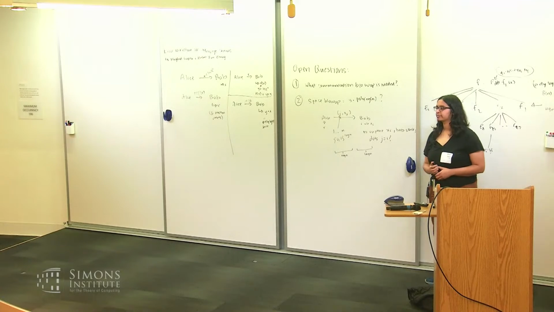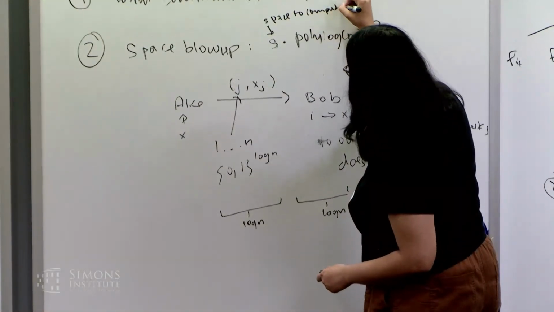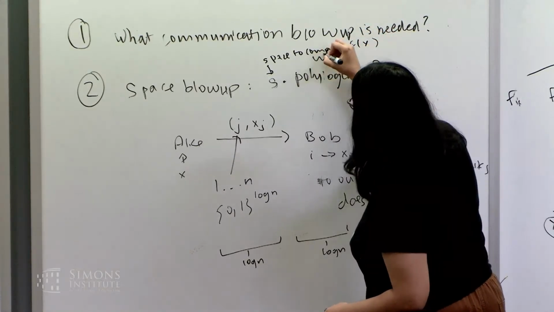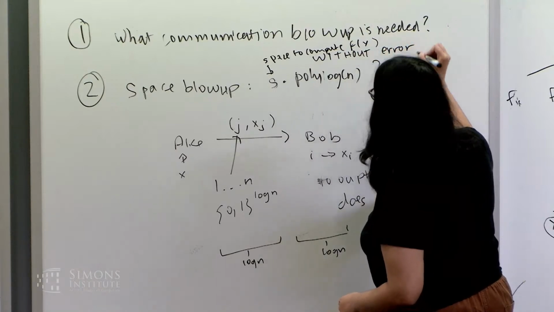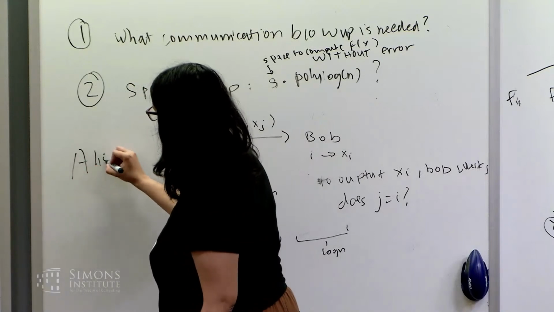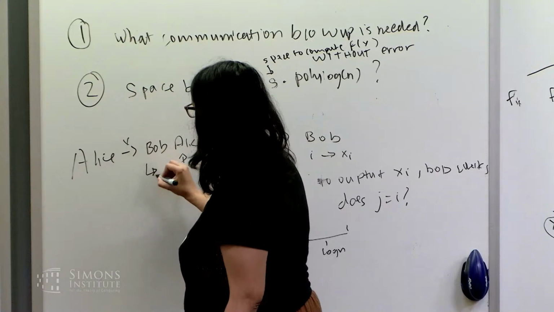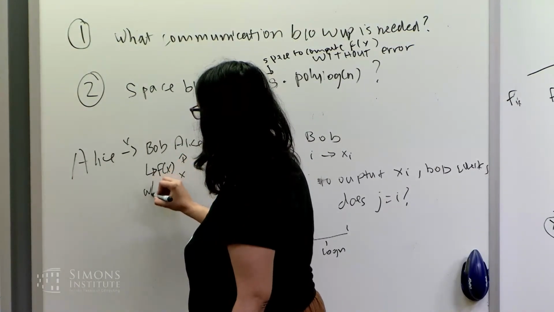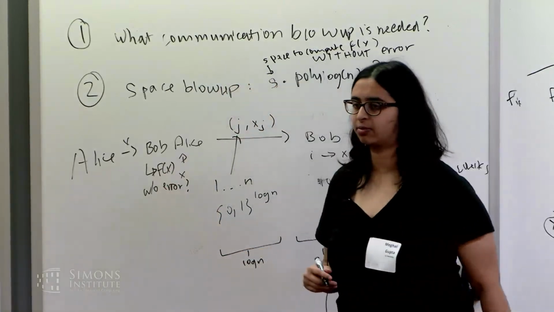So can you tell me again what this S is? It's the space needed to compute f of x? Yeah, the space to compute f of x without error. In the setting where you just had Alice sending a message x to Bob, how much space does it take him to output f of x without error?